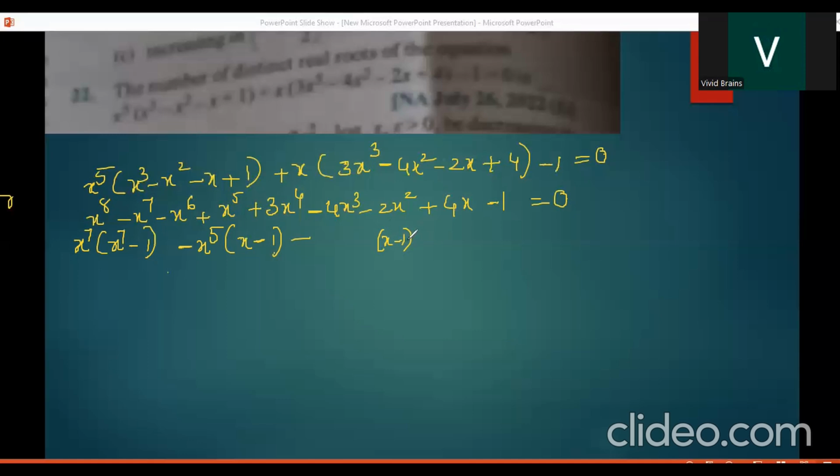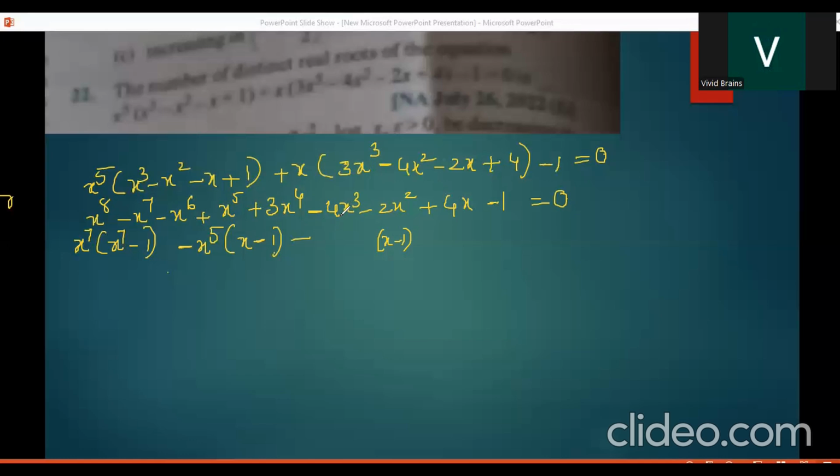I have to get x minus 1. You already have 3x^4. How do I write it in order to get x minus 1 here? I can write this as 3x^4 minus 3x^3.